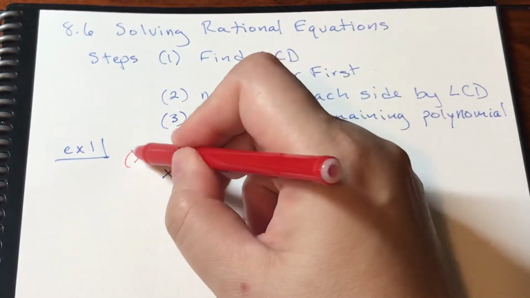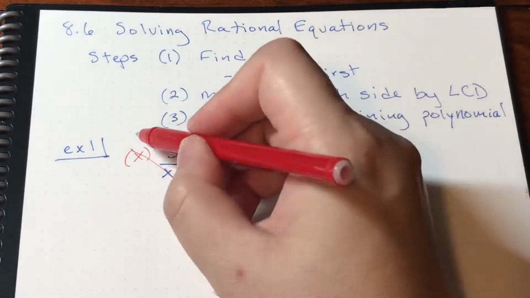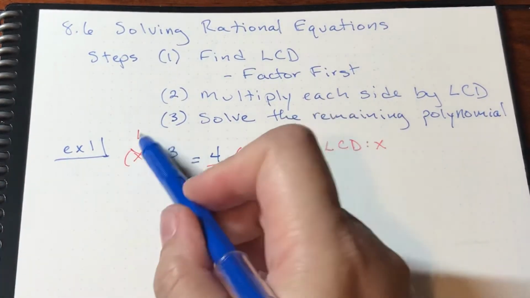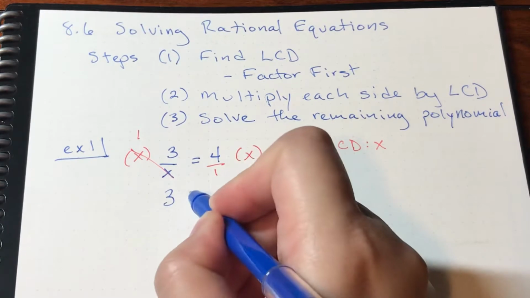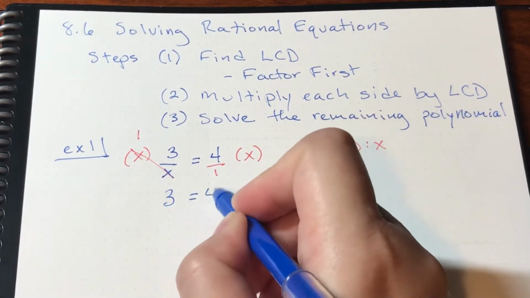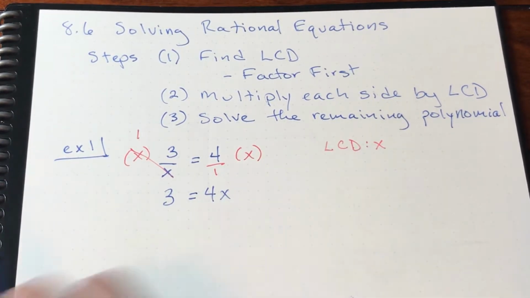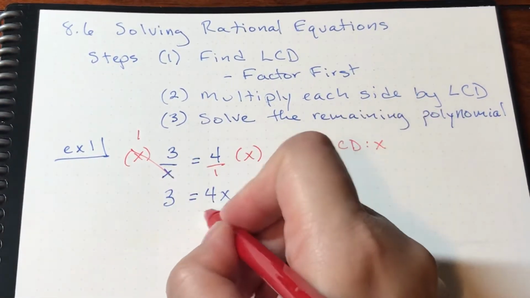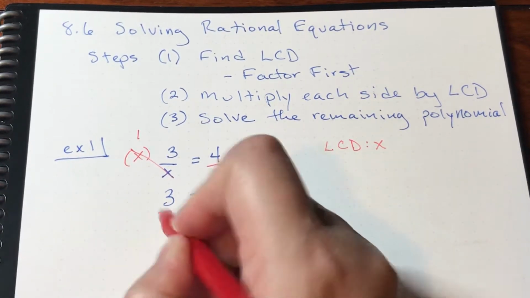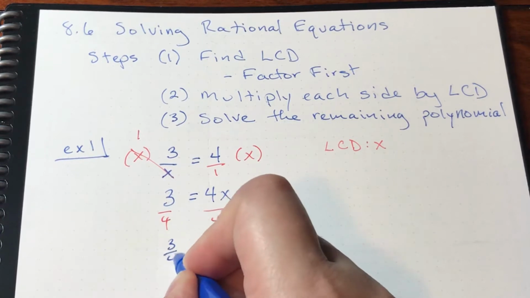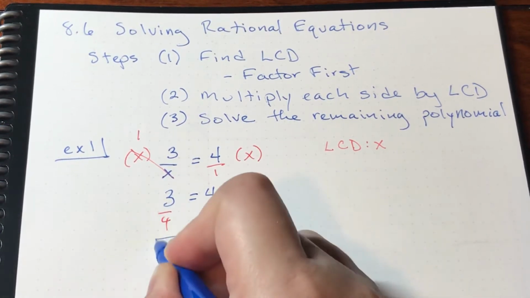And over here, x divided by x makes 1. So I am left with 1 times 3, or 3 equals 4x. Okay. And then I'm going to divide by 4, and I get 3/4 equals x.